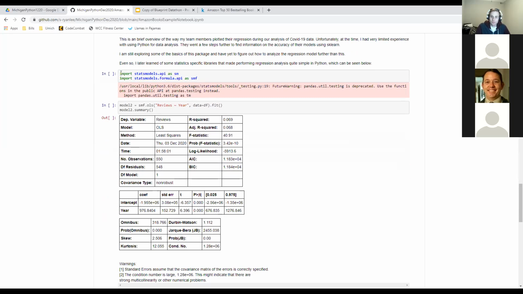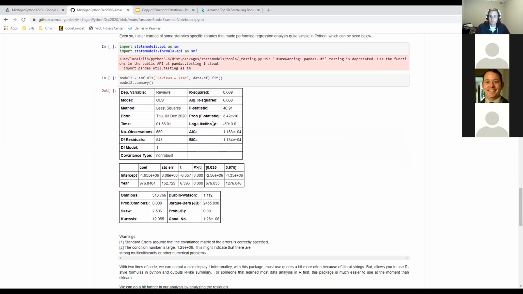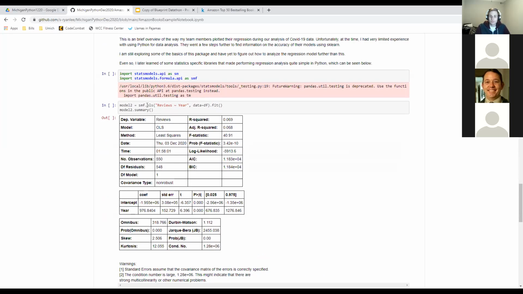These are some packages that basically you can use R-styled lines with to get some nice outputs. I really like them because I went from R to Python. So here, this OLS stands for ordinary least squares, which is your basic regression.